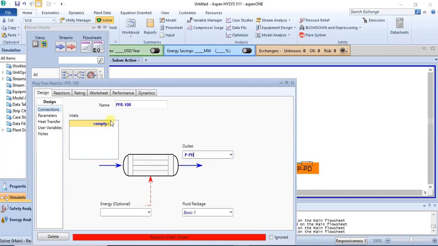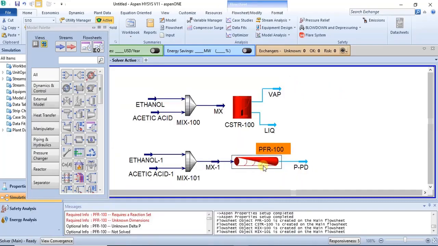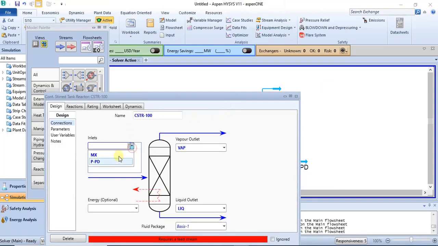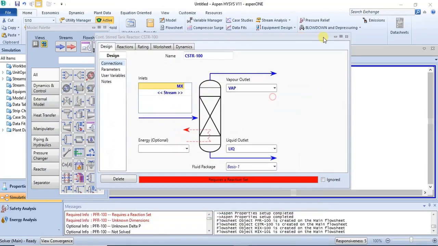Then we can attach the inlet mix 1. So mix 1 is the inlet to the CSTR, right? After attaching the inlets, it says it requires a reaction set.